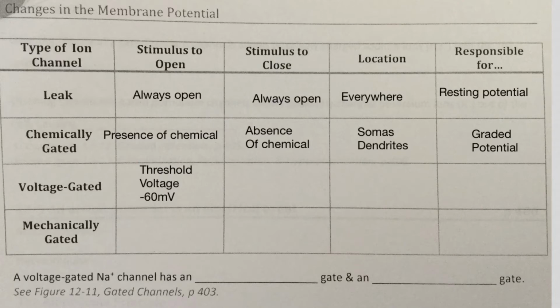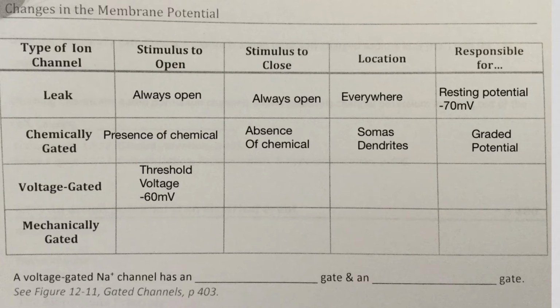Resting potential is negative 70 millivolts, and threshold voltage is negative 60 millivolts, so a 10 millivolt difference.